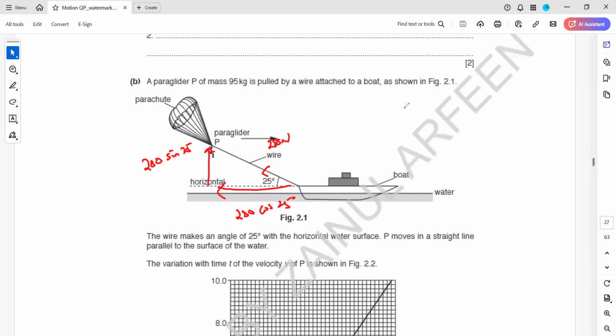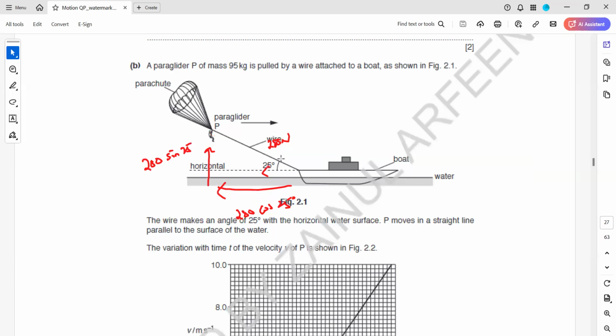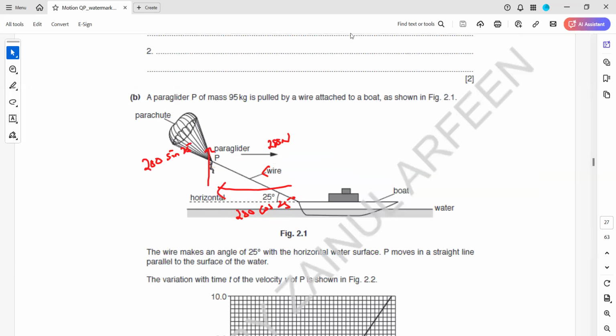And that is balancing with the weight. The weight of the glider is acting downward. When we take the direction of the tension, it depends on the frame of reference we consider, because the tension is always to pull.